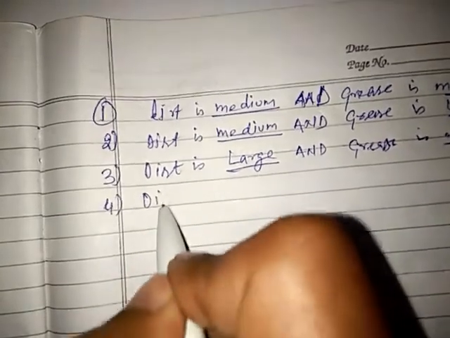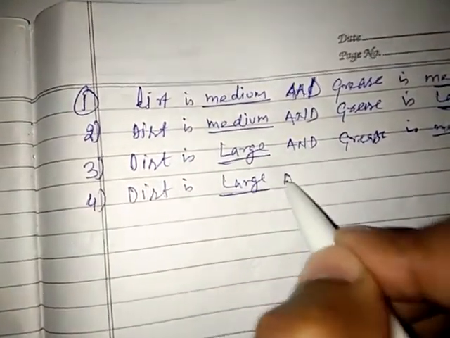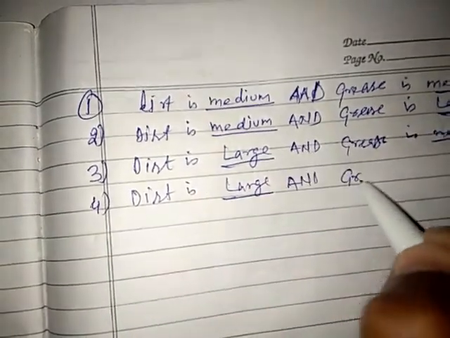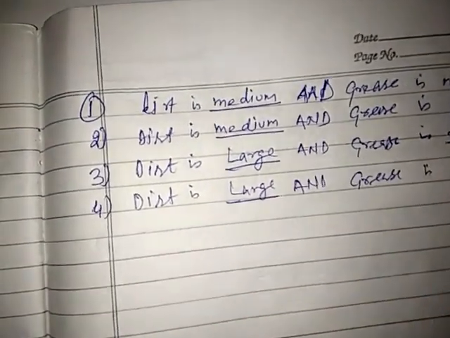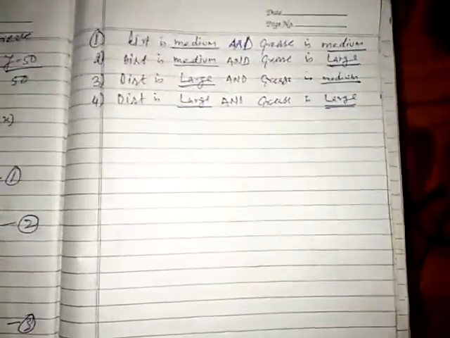Fourth one, dirt is large and grease is large. These are the 4 rules that come from the cross multiplication of these values that we evaluated on the membership functions.